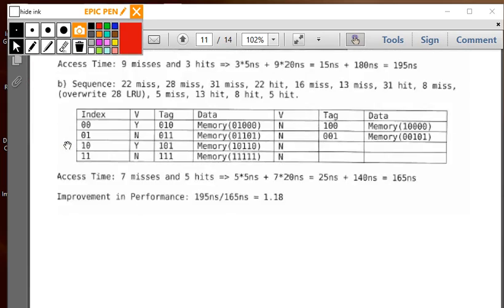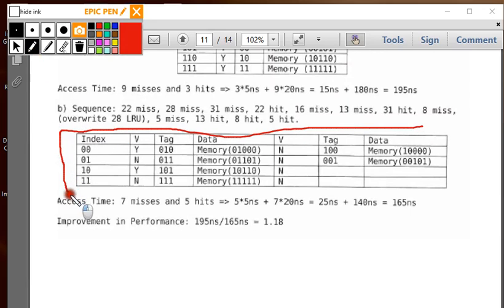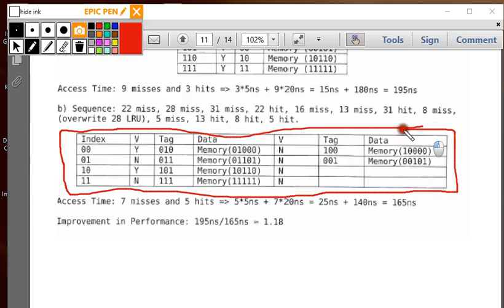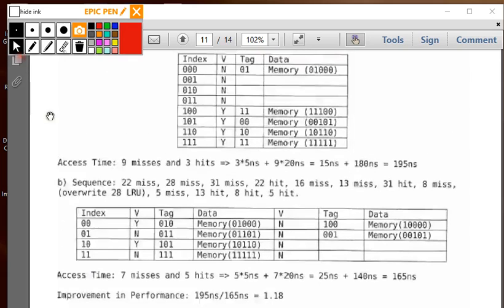All right, so then part B, we're going to do the same thing, except we're going to do set associative. So here you break it up into 2. And so when you have 8 words, what that means is, again, you're going to have 4. So 22, if I can, 22 is going to be a miss, right?